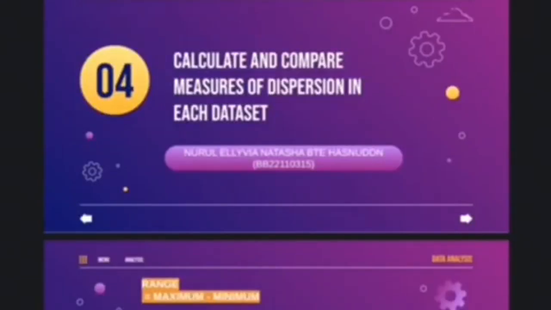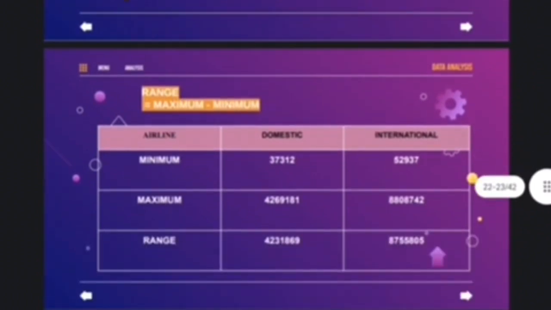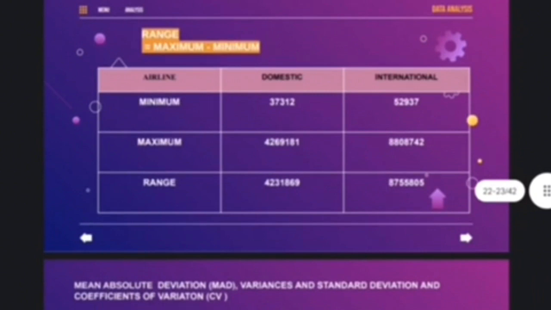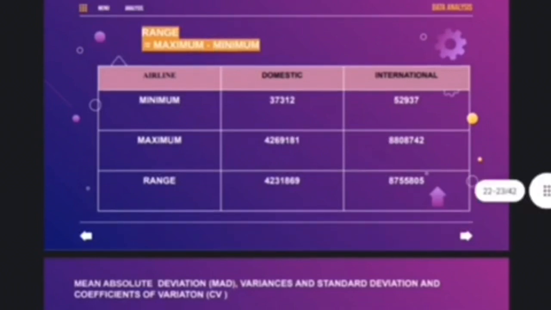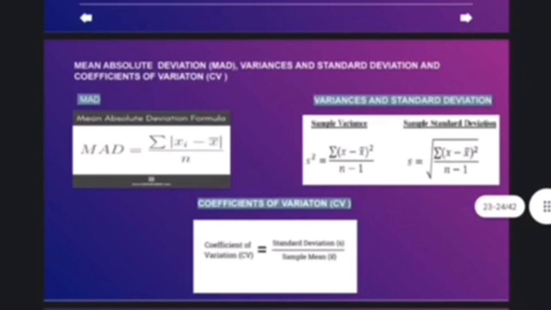Today I will explain about my part, which is part 4. I have to calculate and interpret measure of dispersion including range, mean absolute deviation MAD, variance and standard deviation, and coefficient of variation CV. To calculate range, maximum value minus minimum value. As you can see, range for international is bigger than domestic. To get MAD, sum of absolute deviations from the mean divided by n, which is 24. To get mean, sum of observations divided by total number.